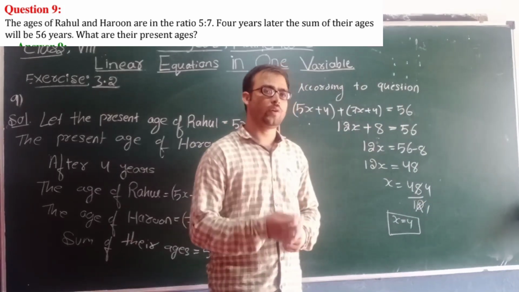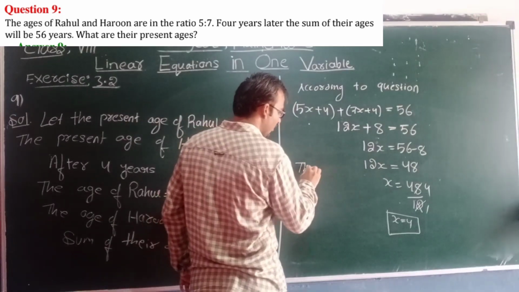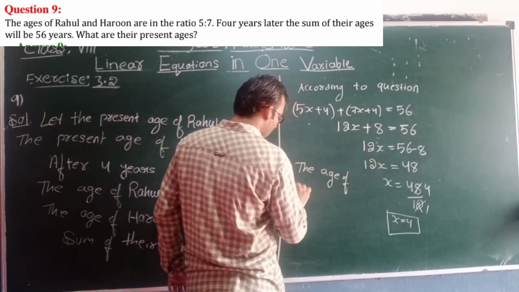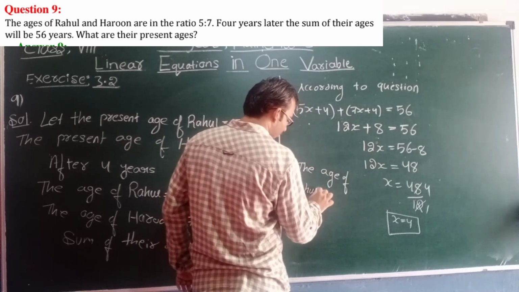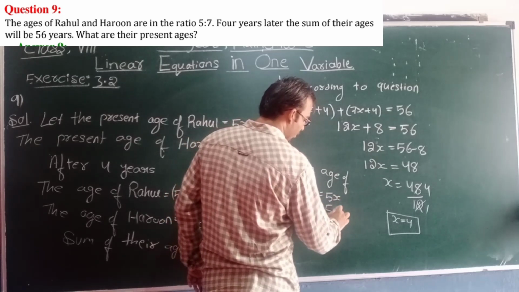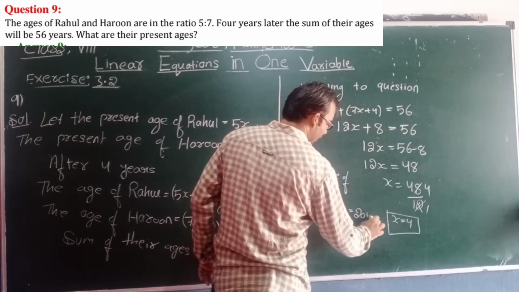What we need to find? We need to find the present age of Rahul as well as Harun. Therefore, the age of Rahul equals to 5x is equals to how much? 5 into what is x? 4, that is 5 4s are 20 years.